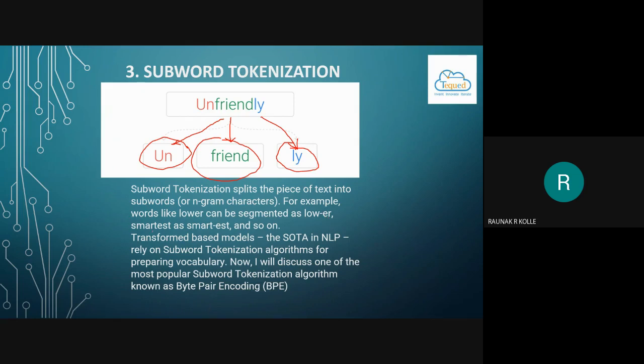And the word smartest can be made smart and est, and so on. Transformer based models, the SOTA in NLP, rely on subword tokenization algorithms for preparing vocabulary. Now I will discuss one of the most popular subword tokenization algorithms known as byte pair encoding in the coming chapters.